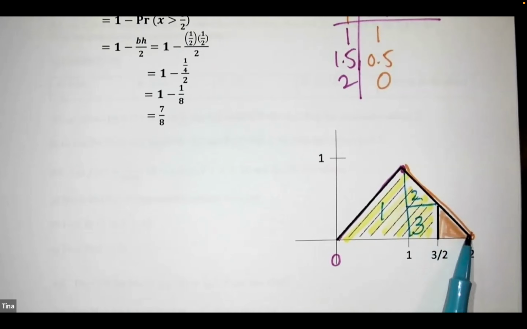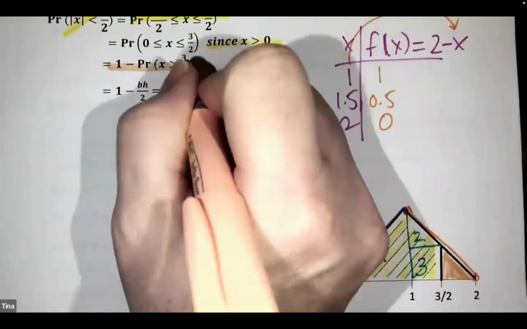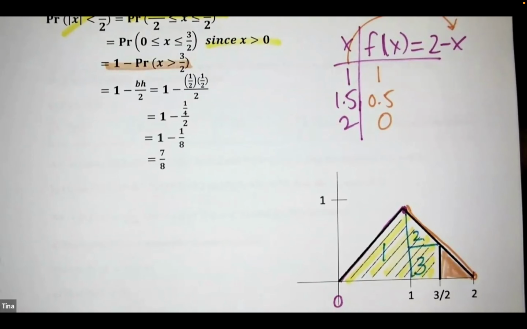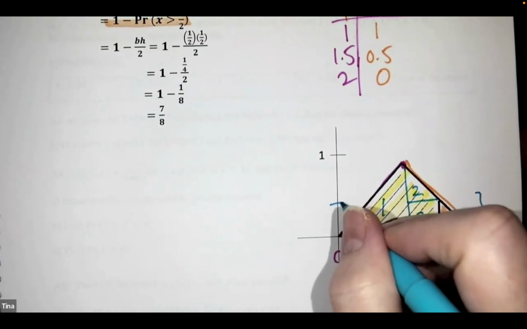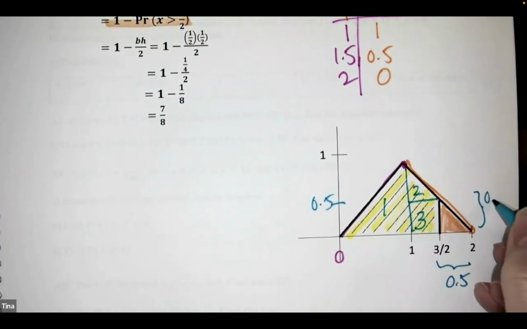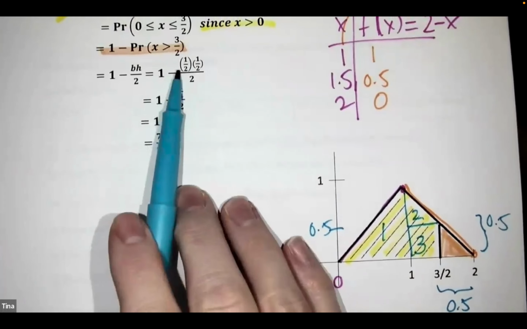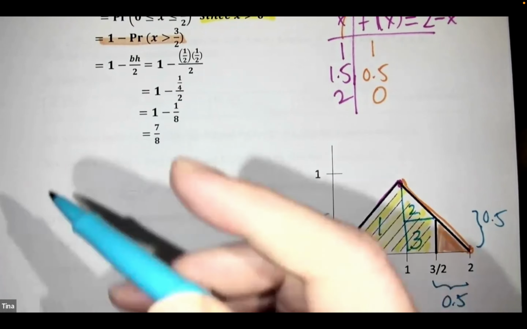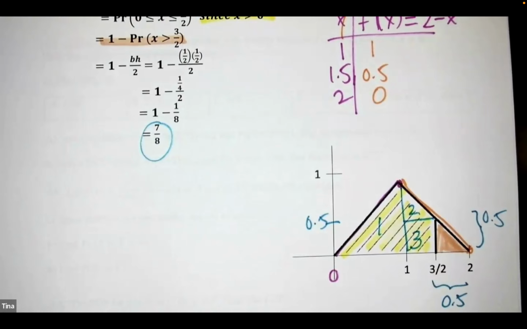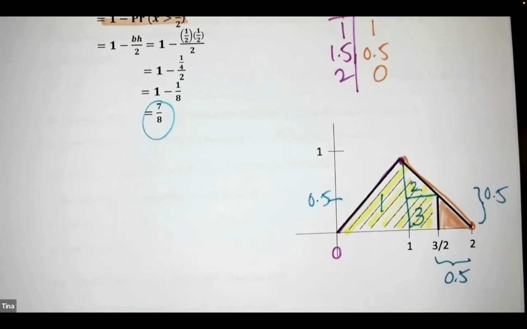So if I do the area in here, this orange triangle, I can do 1 minus that as the same yellow area that I want. So base, that's 1/2, and height was 3/2 gave us 1/2. So that's 1/2 times 1/2 over 2, 1/4 over 2, which is 1/8. And so we get area is 7/8.